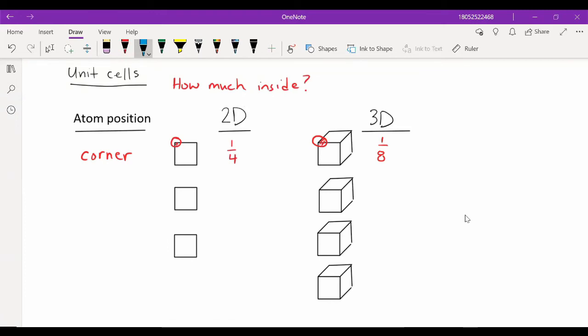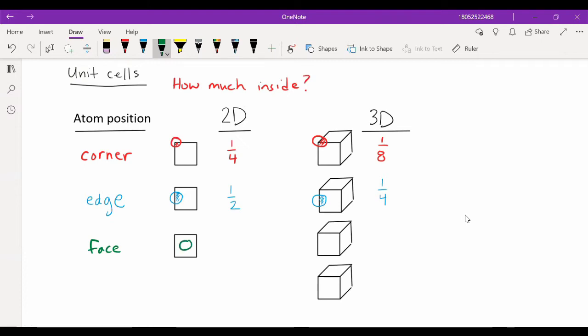So we have corner. Second would be edge. So centered on the edge, you can see that half of that circle is inside, whereas if you had an atom and you had a three-dimensional cell, 1/4 of it would be inside. Then we have what we call the face.